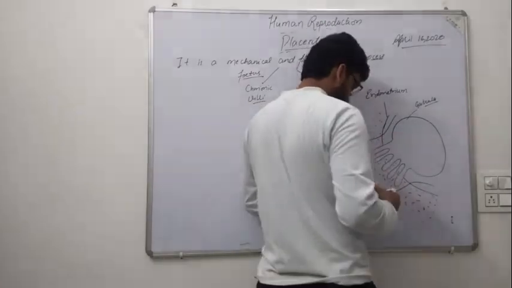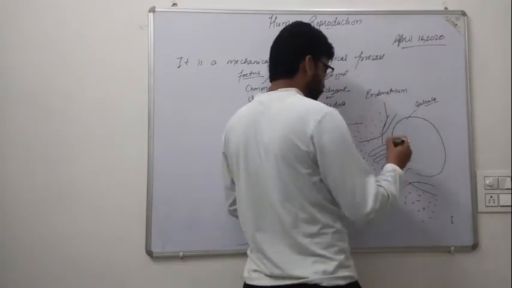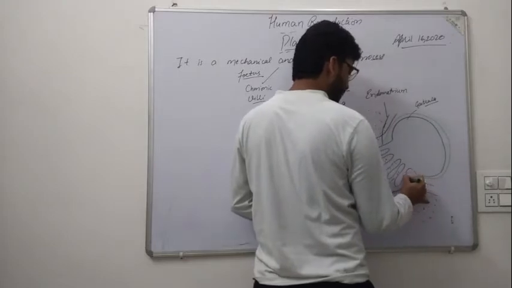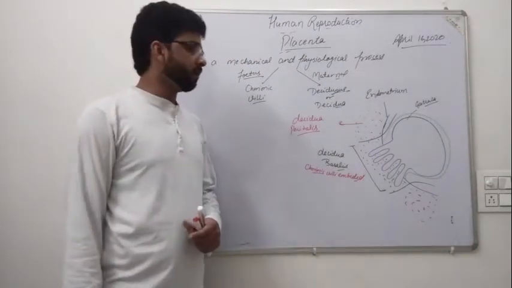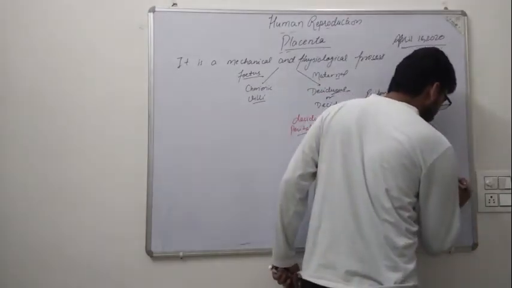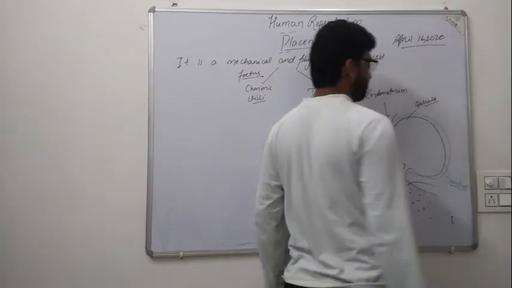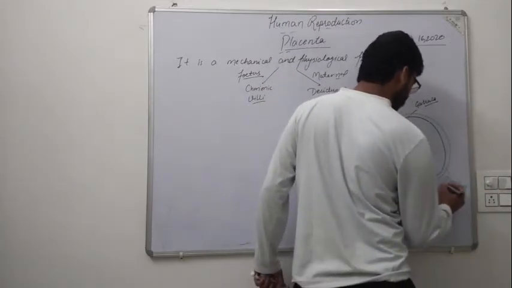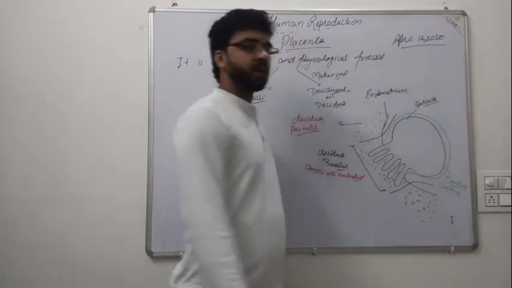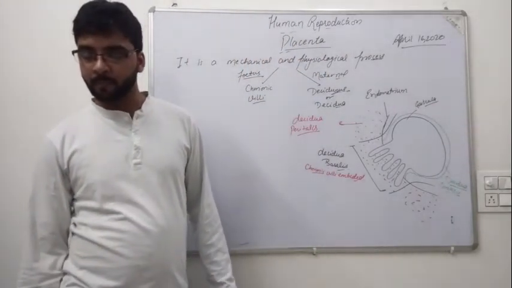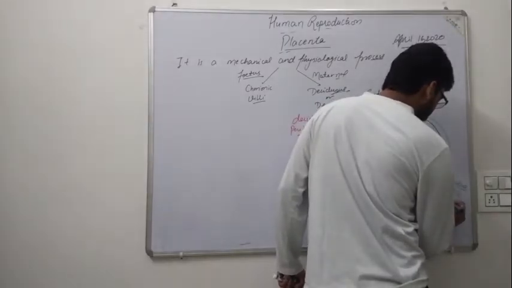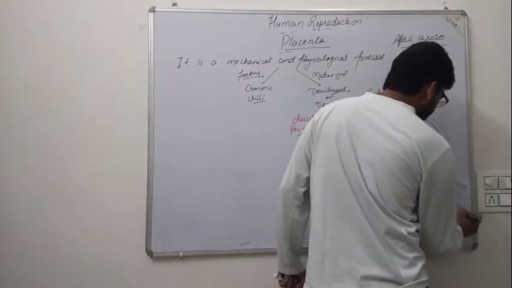And the other one which covers the developing embryo, or is a lining between the uterus lumen and the embryo, is called decidua circularis or capsularis.